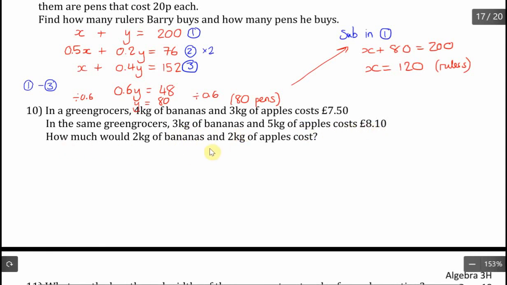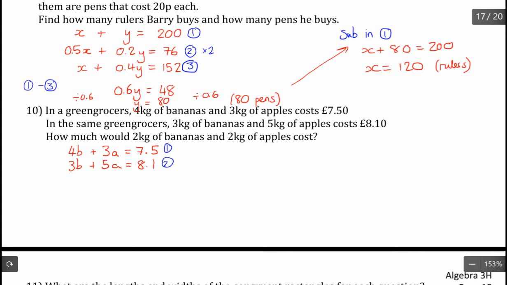Right, so what we don't know here is the cost per kilogram of bananas, and we're going to call that B. And so 4 lots of that cost per kilogram plus 3 lots of the cost per kilogram of apples, which we're going to call A. We're told that that equals £7.50. I'm just going to put 7.5 for the purposes of solving the equation. And 3B plus 5A equals 8.1, £8.10.